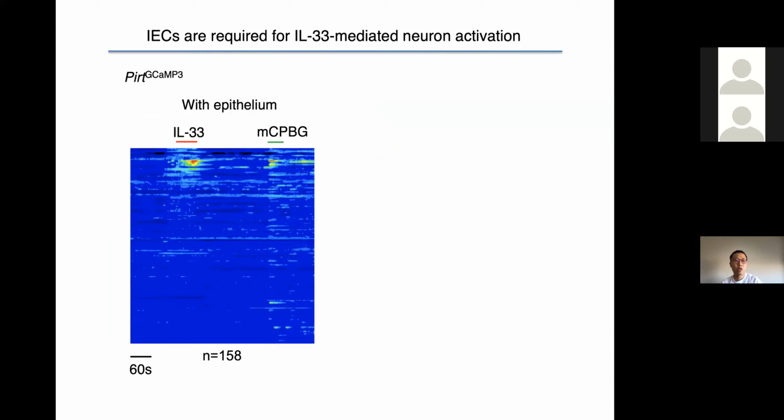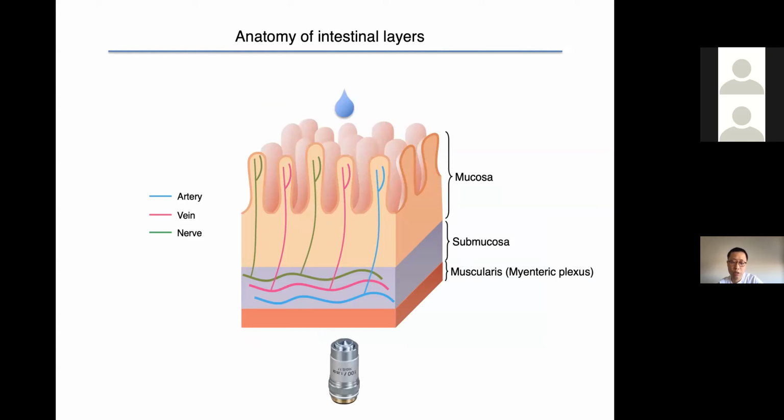With the quantification, when you apply IL-33 to the whole tissue, you can clearly see a neuronal response, the same as the positive control. But the interesting thing is, as soon as you mechanically remove the epithelial cells, as a reminder, because there are 3 different layers, the very top mucosal layer is the epithelial cells, so we can use mechanical force to remove this particular layer.